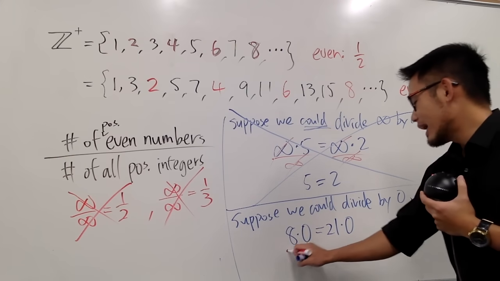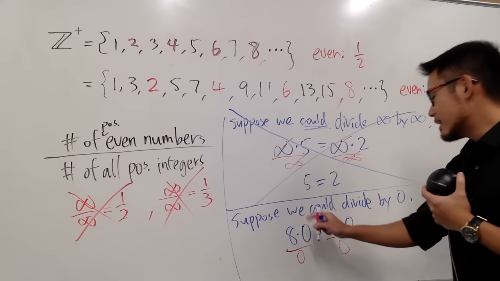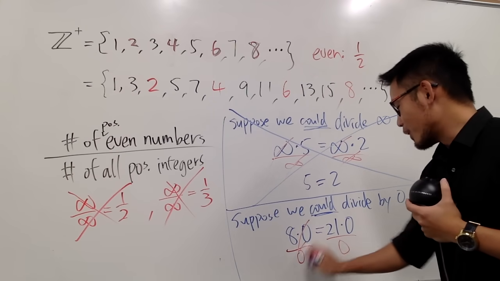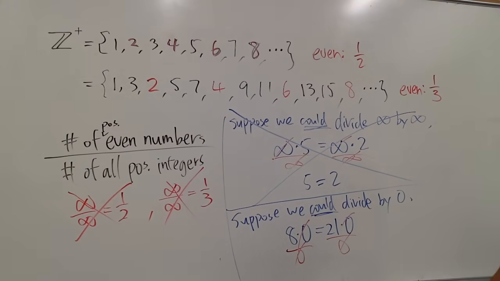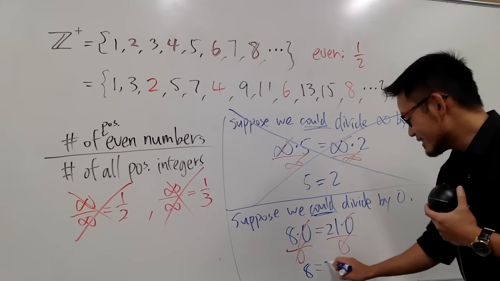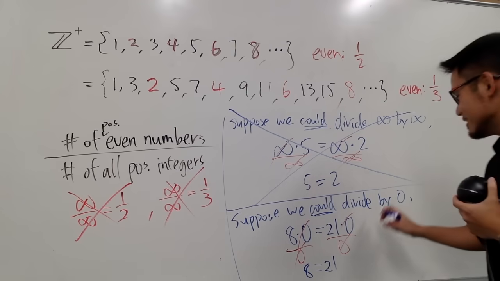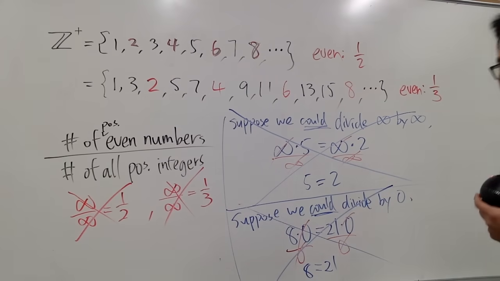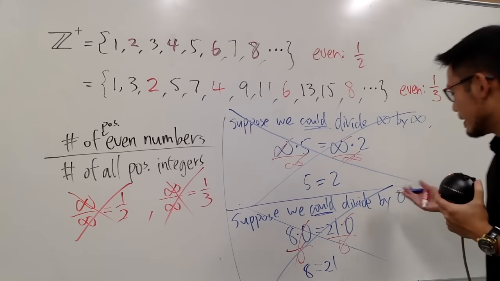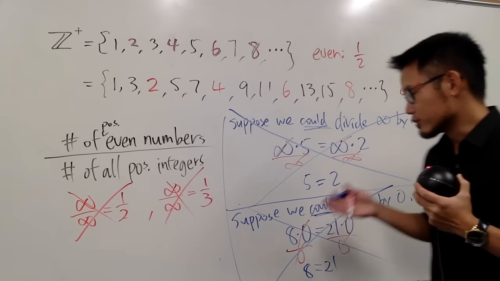And the moment I divide both sides by 0, because I said I could divide by 0, if I cross this out like this, I will end up with what? On the left-hand side, I end up with 8. On the right-hand side, I end up with 21. And you see, this is still not correct either. I also have another video showing that we cannot divide by 0 by using long division. You can also check that out.